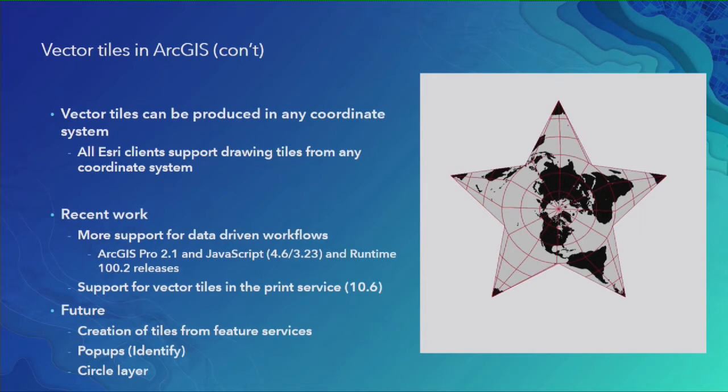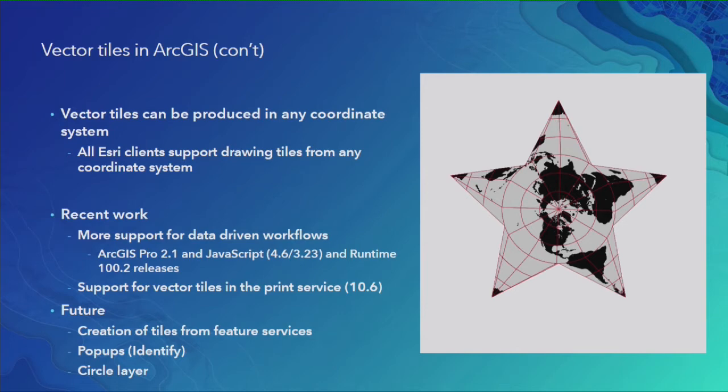And just to define some future work, we're working on creating tiles from feature services. So creating vector tiles from feature services, somewhat similarly to how we create raster tiles from feature services. That's something Jeremy and his team is working on. We're working on pop-ups, so doing identify, and there's really two scenarios we're working on there.